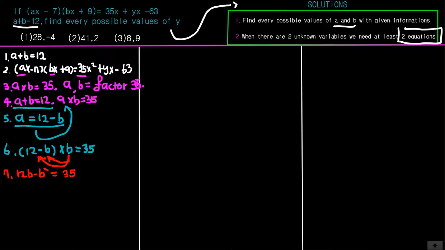And now if you look at our equation, we can see that it's a quadratic, since the biggest exponent is 2.